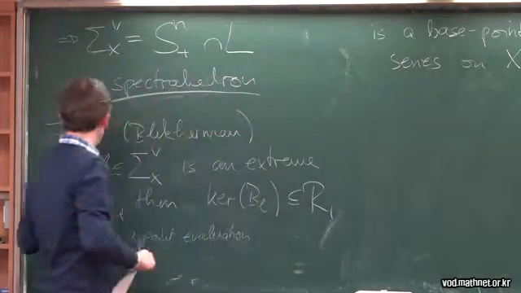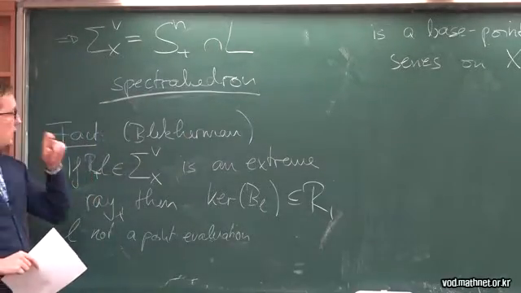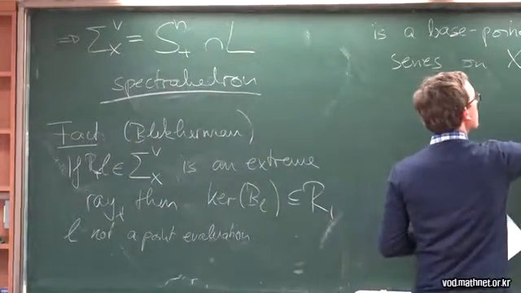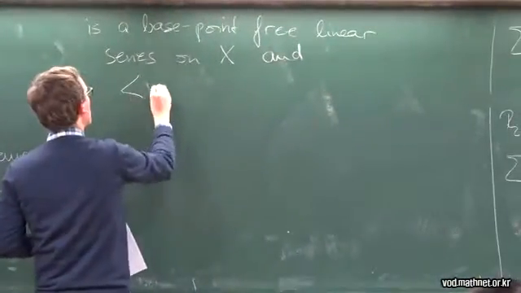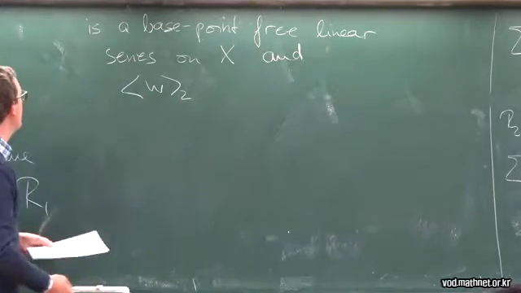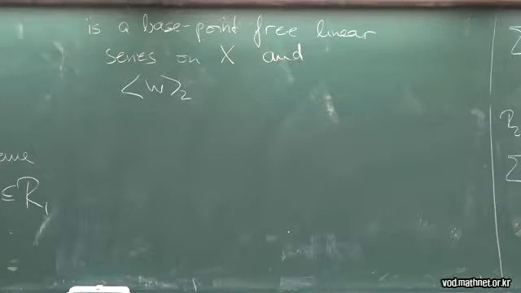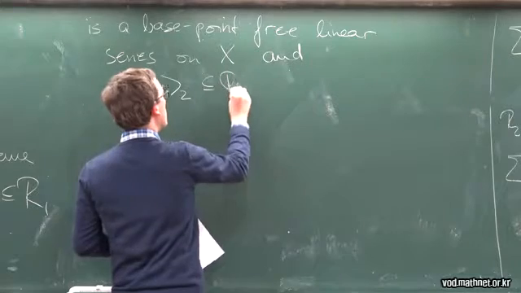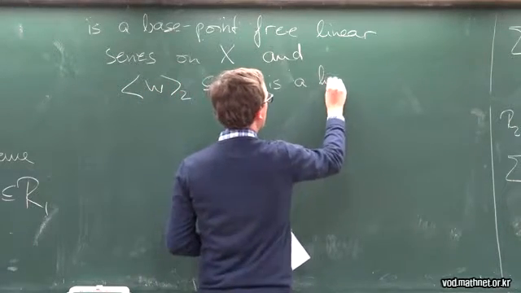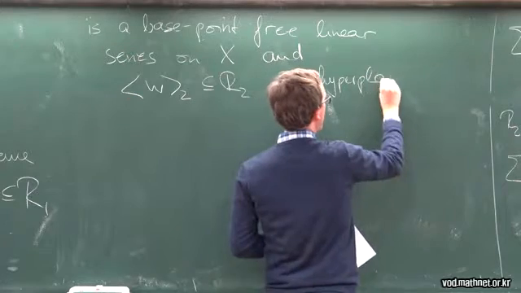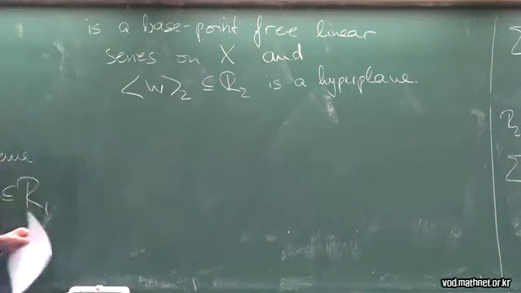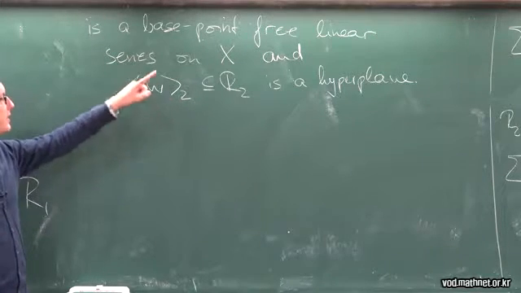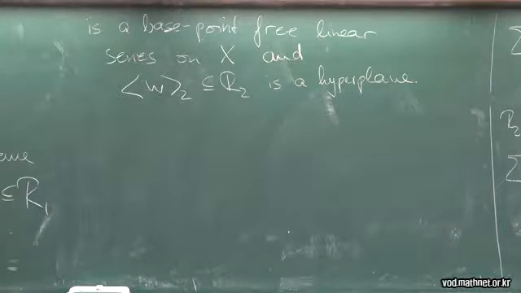But as soon as this is not a point evaluation, which is the one we care about, then this will be a base point free linear series, and if you look at, call it W, what it generates in degree 2, this will be a hyperplane. And the linear functional vanishing on this is the L you started with.